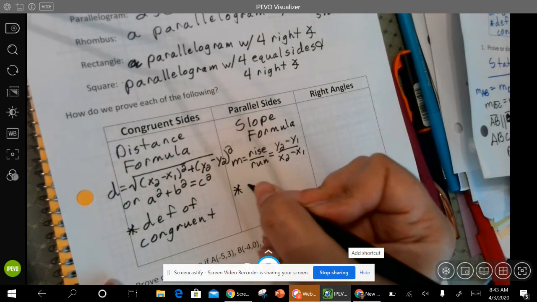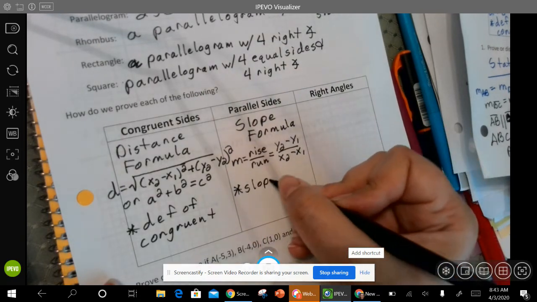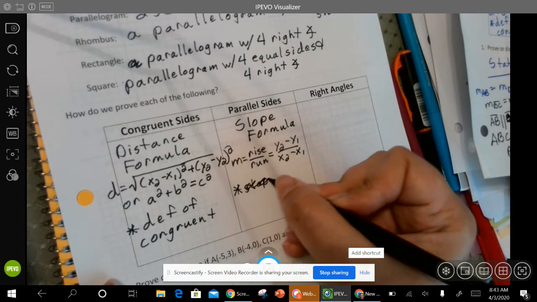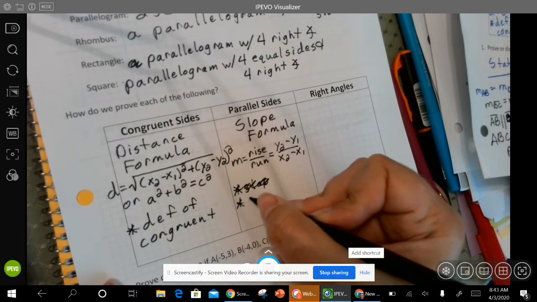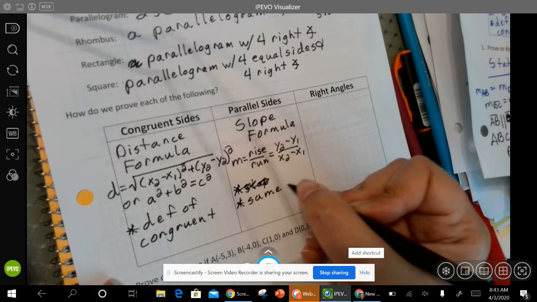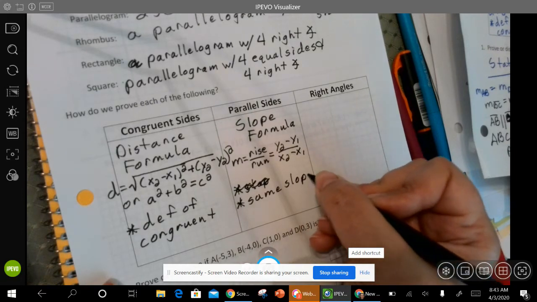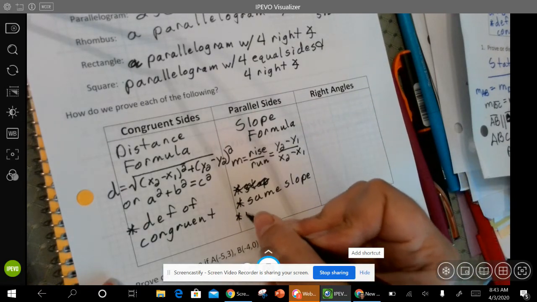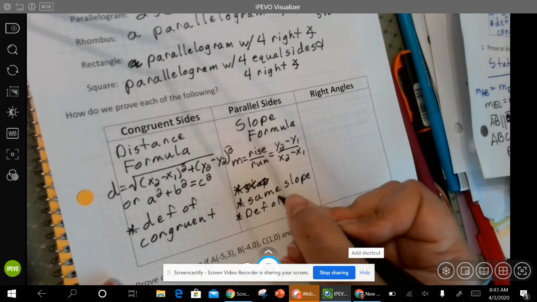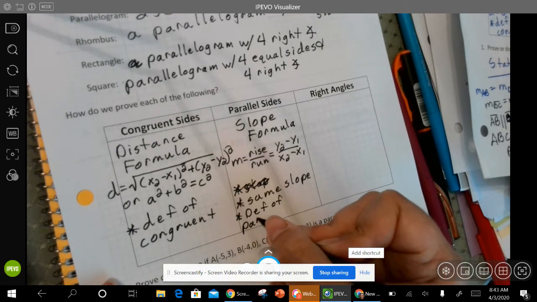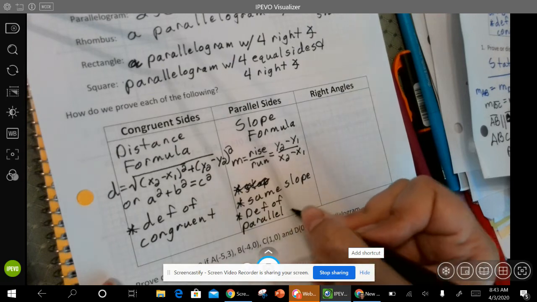Okay, so sides are parallel if they have the same slope. Okay, it's also by our definition of parallel lines or sides.